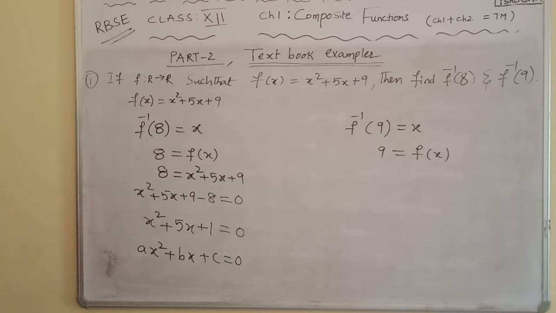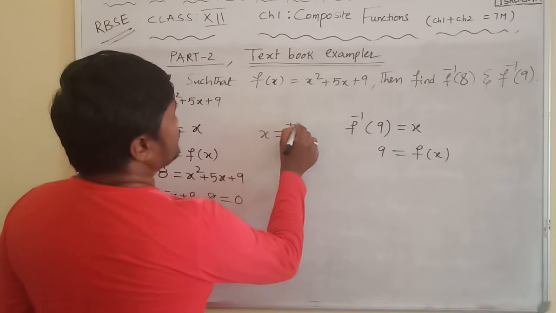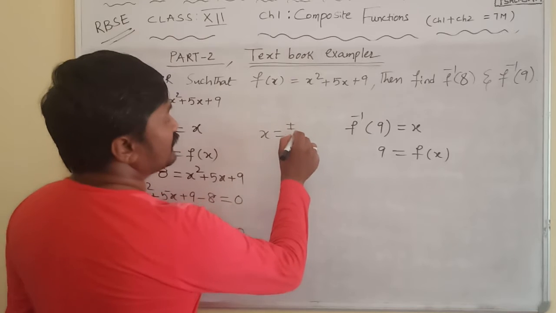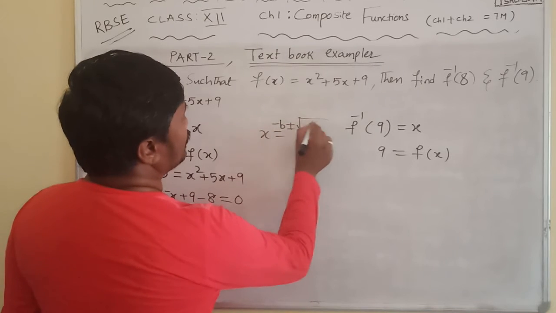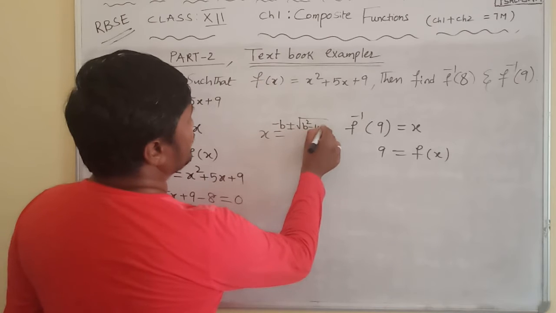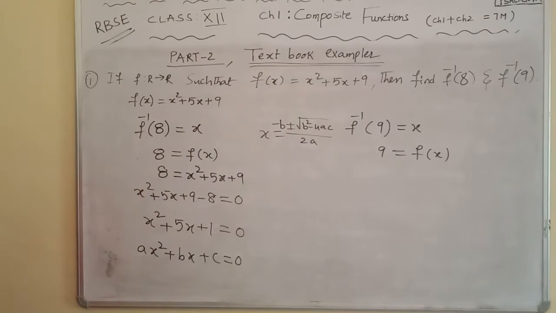What are the roots? The roots formula is x is equal to minus b plus or minus square root of b square minus 4ac upon 2a. So apply this formula and get the roots.